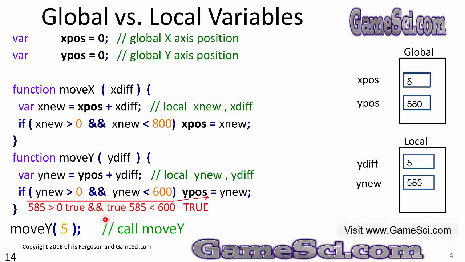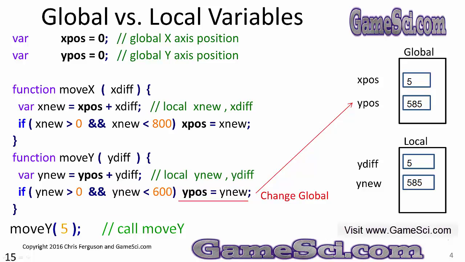These are both true. The AND operator says if both sides are true, this whole thing is true. If this is a true statement, that means our y value is legitimate. Our y value is good. And look what happens. We're going to execute this code, yposition equals ynew. Since the if statement was true, we will execute the code after the if. ynew, which is 585, is verified and good.